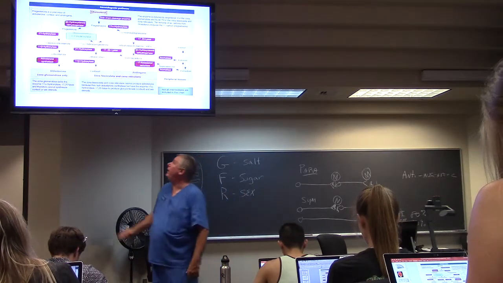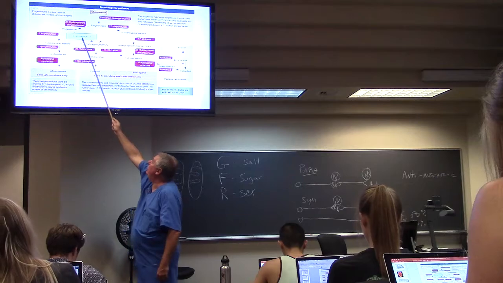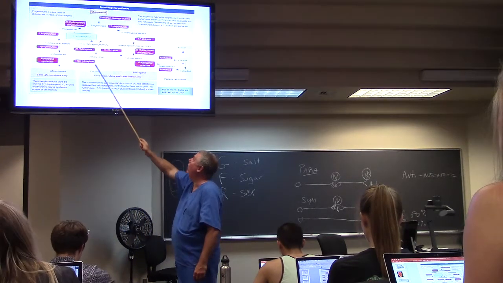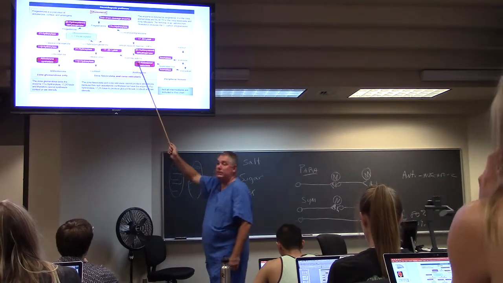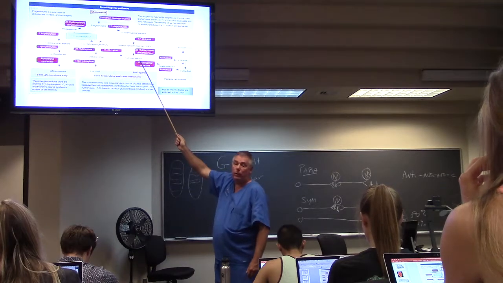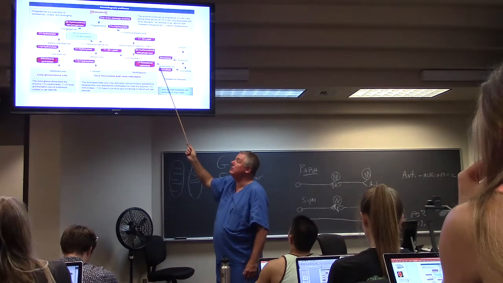Now the branch point here takes you down through this pathway to give you cortisol, or this pathway using 17,20 lyase to give you androstenedione, which is a precursor to testosterone.